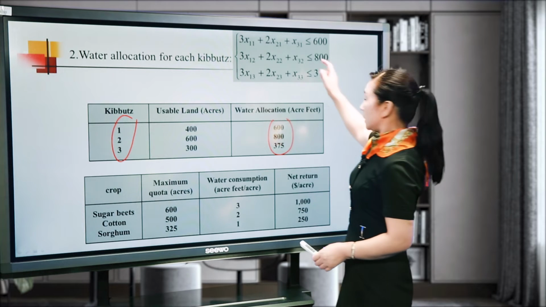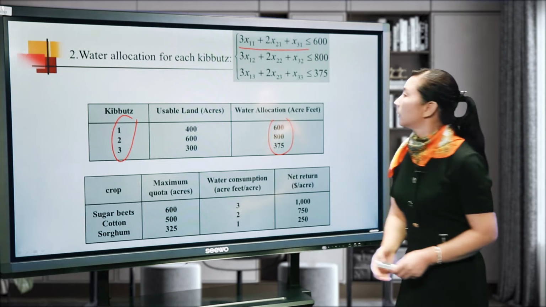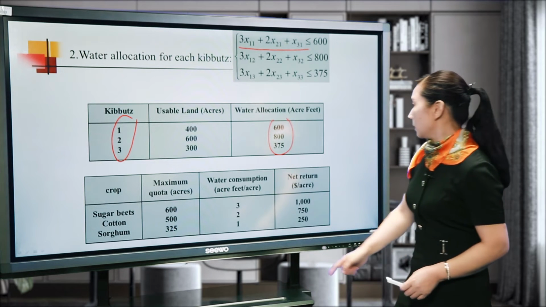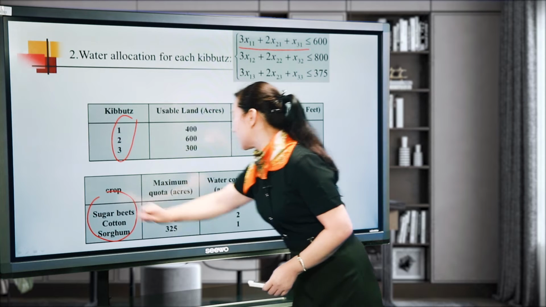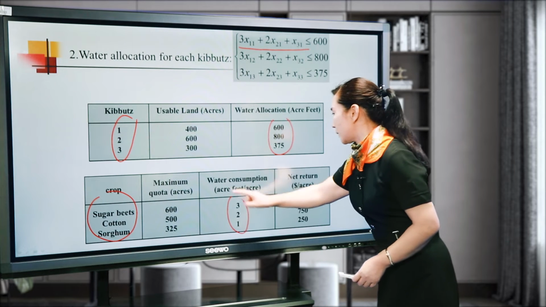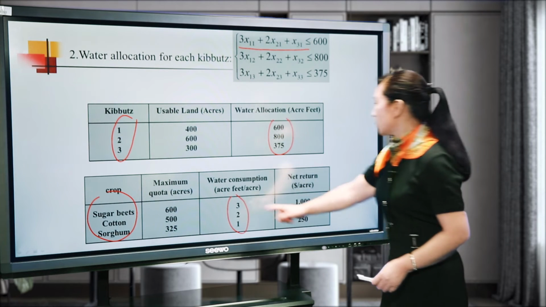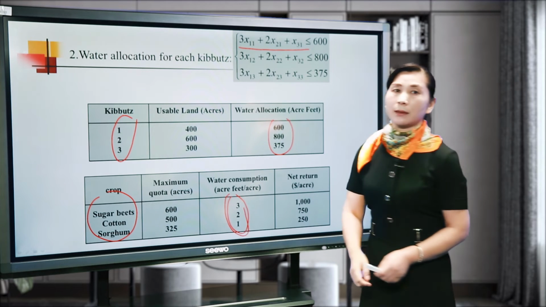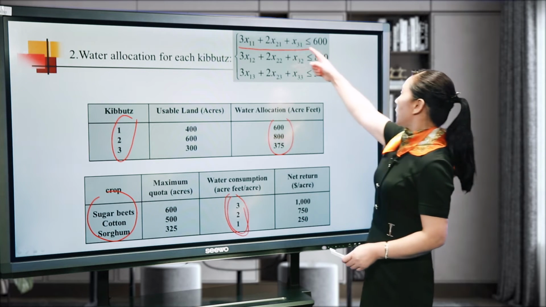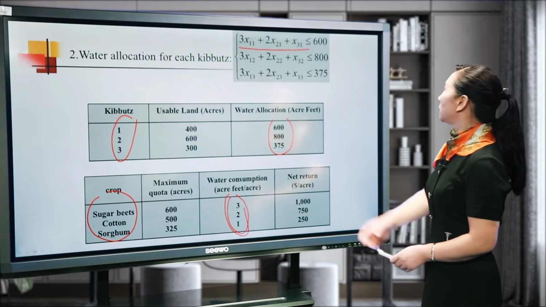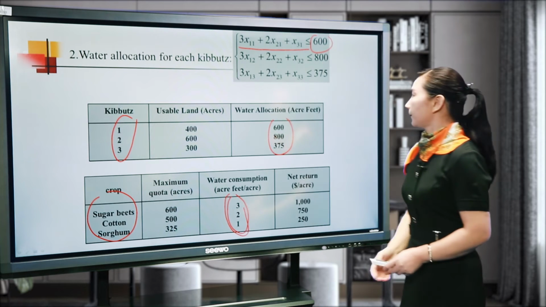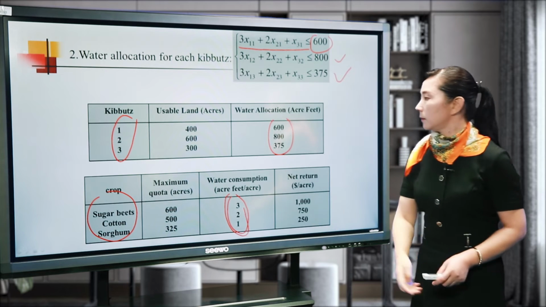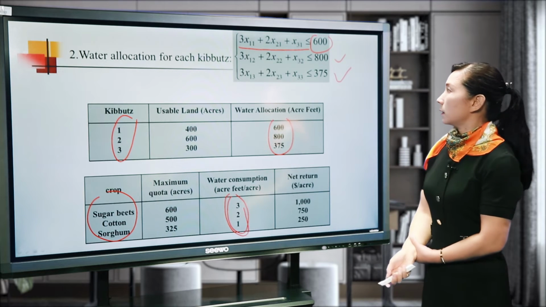This is the kibbutz 1 used water, and kibbutz 1 planted 3 crops, and its water consumption is given. So we multiply these numbers by the decision variables. So this is the used water, and this is the available water. And similarly for kibbutz 2 and kibbutz 3. So this is this kind of constraint.